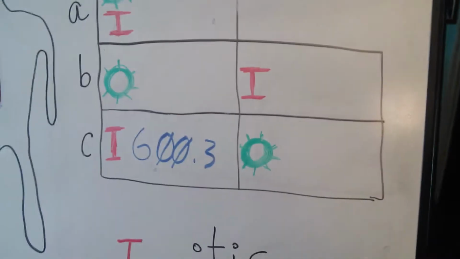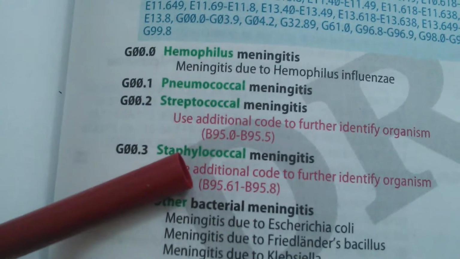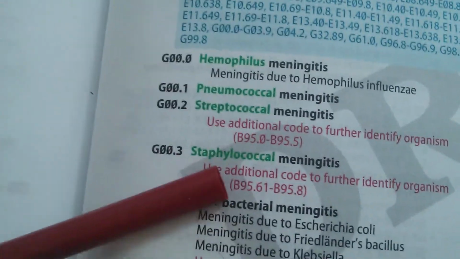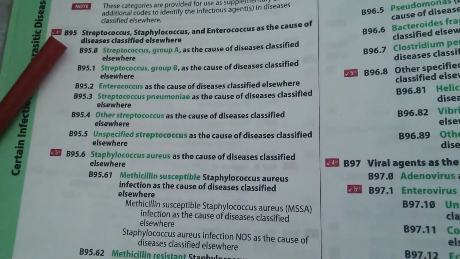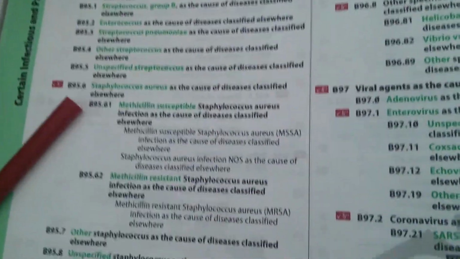Now we're going to go to where the book wants us to go, B95.61 through B95.8. So let's start with B95.61 and see what we find out. There it is. B95.61, right?